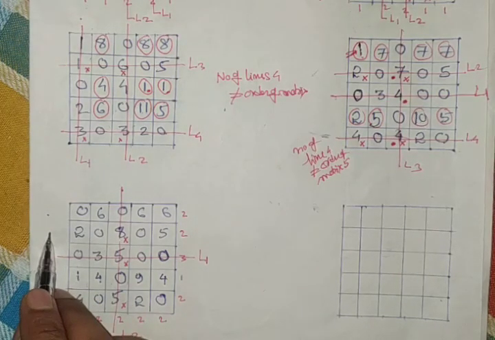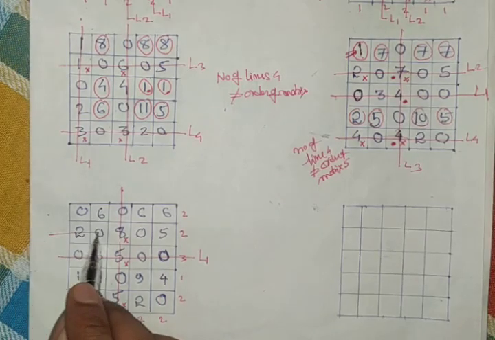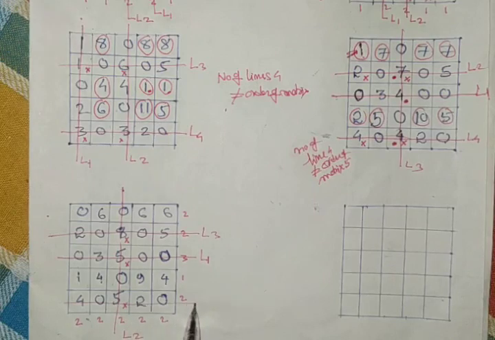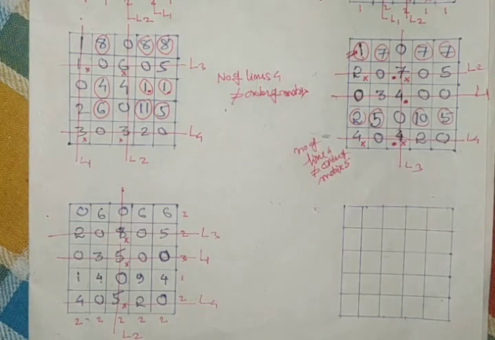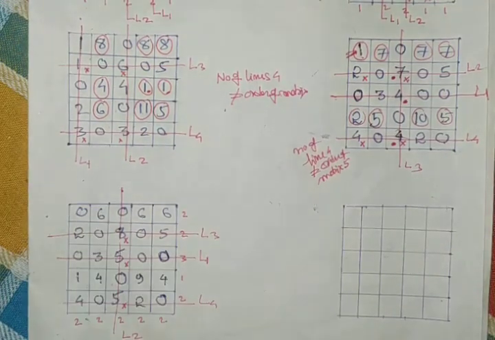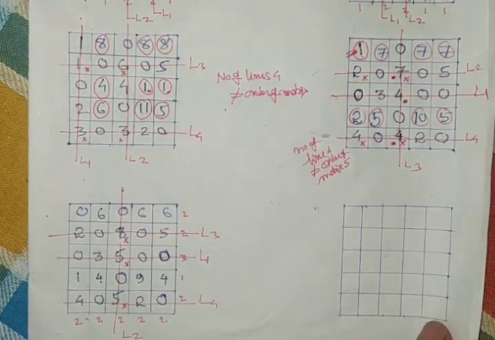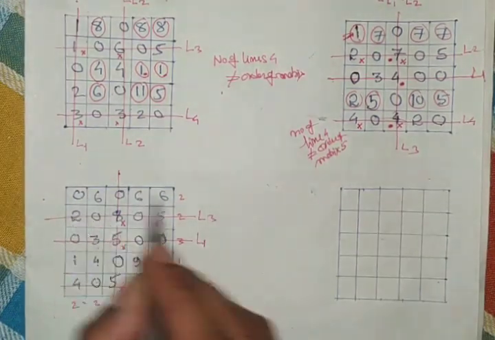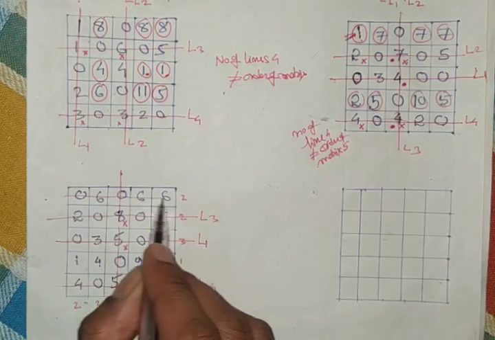Then this one L3. This one L4. Then another one, you can draw this line in a horizontal or vertical way, it will be the same. So I draw a line like this.